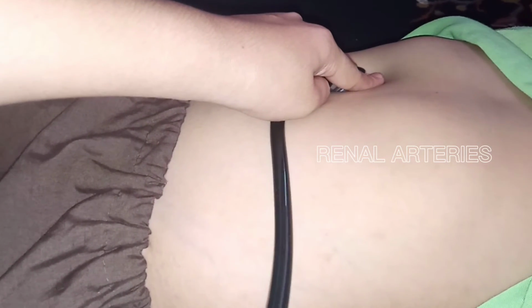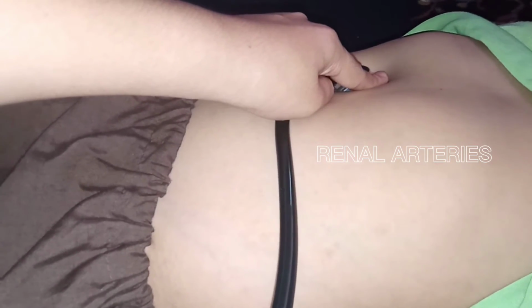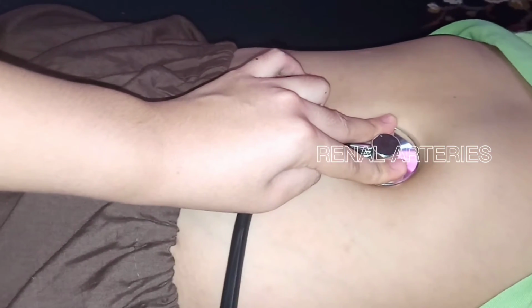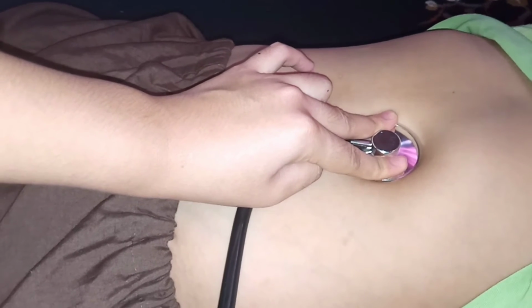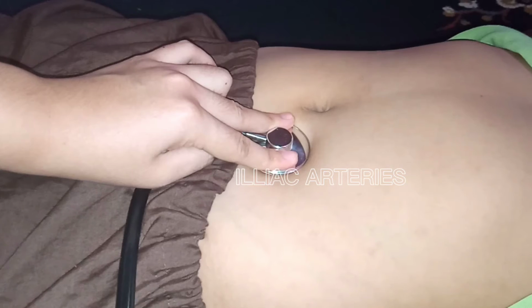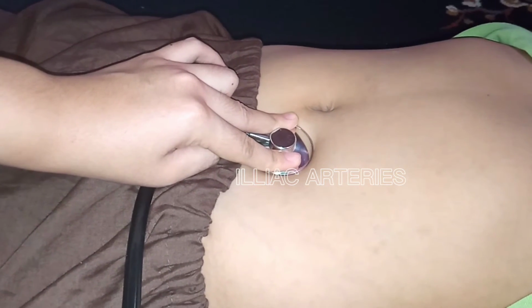Okay. And you can also auscultate the femoral arteries, which are located there.